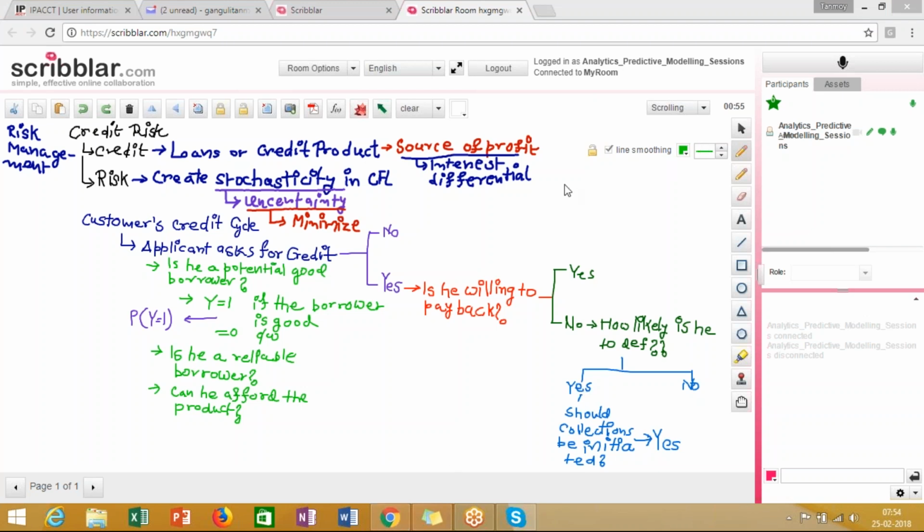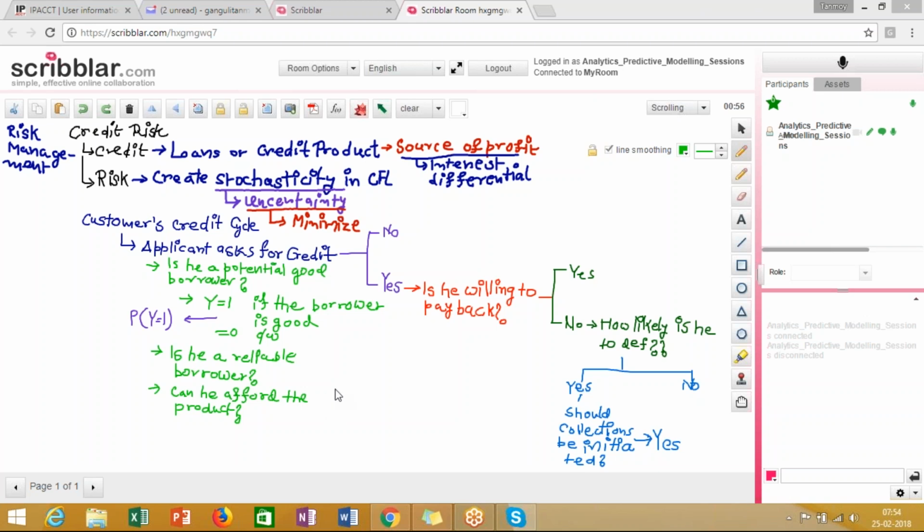Yes, Harpreet, when I talk about product, I'm talking about the credit product. A credit product can be a credit card, a personal loan, an automobile loan, or a mortgage product, anything.